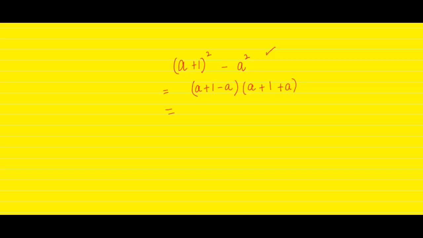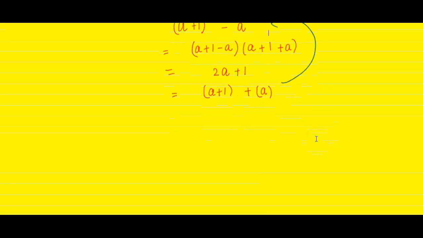So the first factor becomes 1, so it's not needed and we'll not write it down. And the second factor becomes 2a plus 1. Or let's write it as a plus 1 and a only, because this particular expression has a very good application. Now this is a difference of squares.